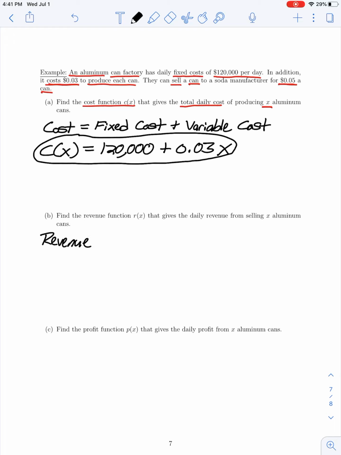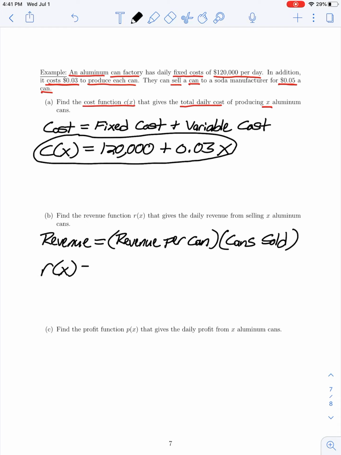So in general, revenue can be thought of as the revenue per can or per item times the number of cans which you're selling. So that is how much money you make off of each can. We're going to multiply that by the number of cans that were sold.